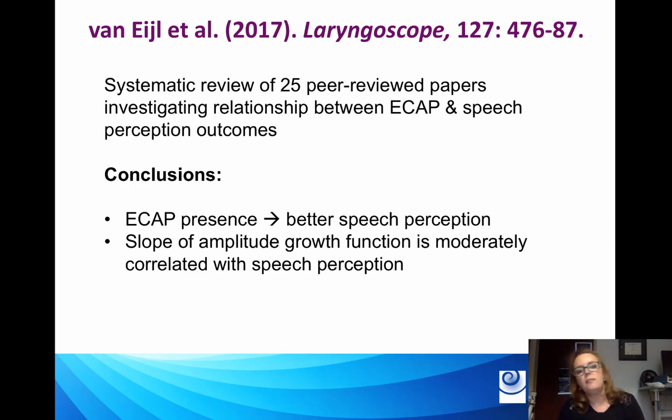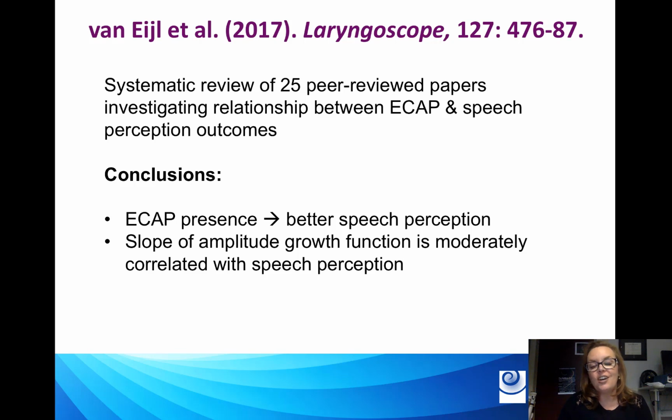Secondly, the slope of the amplitude growth function for the ECAP, so we know as we measure, we're increasing that stimulation level, we're going to see that growth of response go up. That does tend to be correlated with speech perception outcomes. So steeper slopes, so higher growth of the response with increases, tend to have better outcomes as compared to the more shallow slopes where you see less increase in the ECAP with increasing stimulation level.